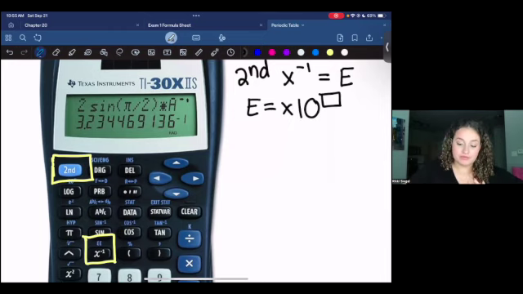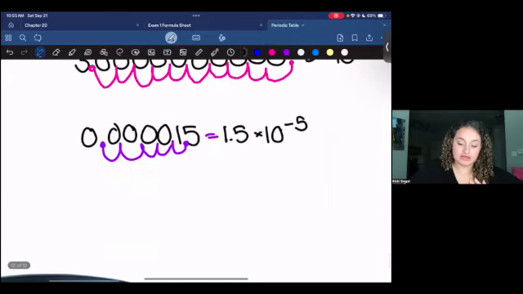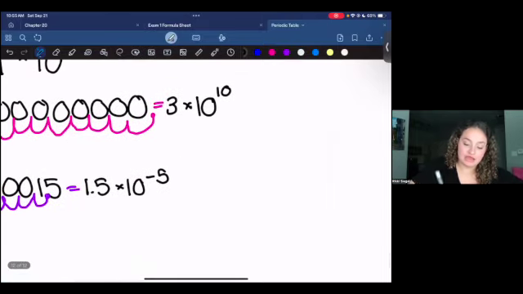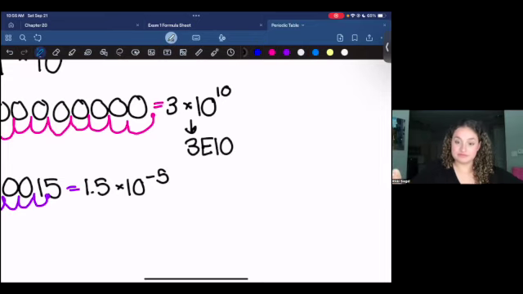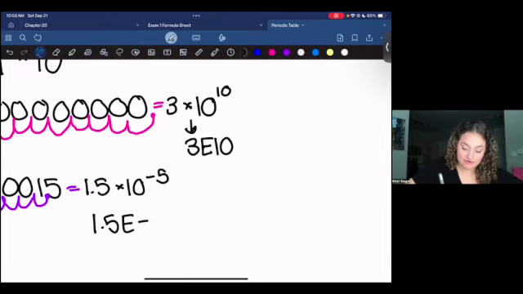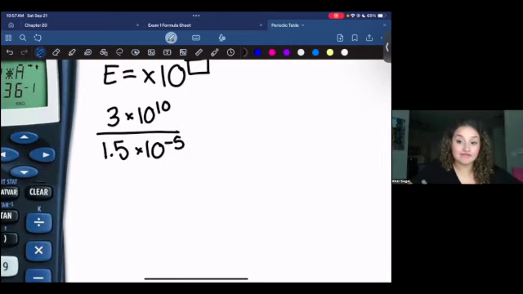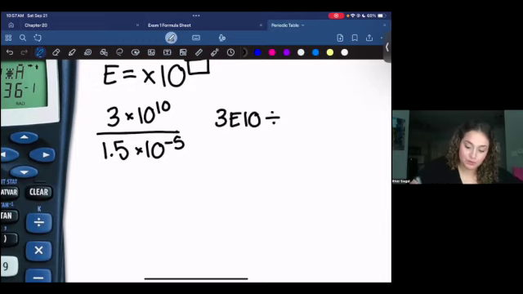Okay, so I'm going to show you guys how I would plug these into my calculator. For this one, I would write it as 3E 10. For this one, I would do 1.5 E negative 5. If I wanted to divide these, I would do 3E 10 divided by 1.5 E negative 5.